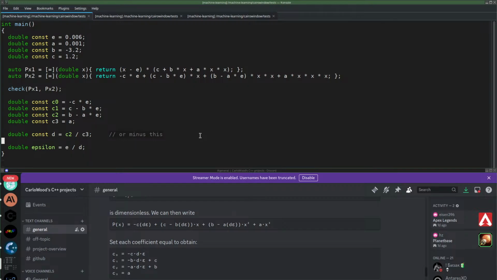Okay, so check. Well, this is not a function of x, so I can just do almost equal. C0, comma minus C times d times epsilon. I'm gonna print epsilon here.